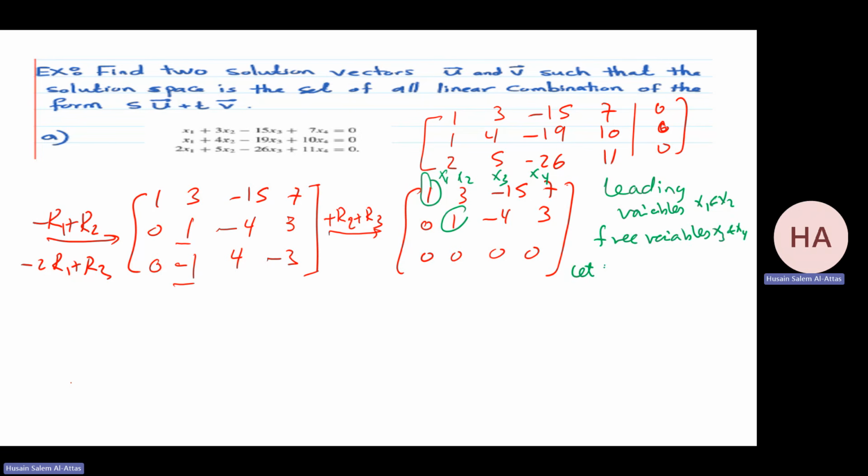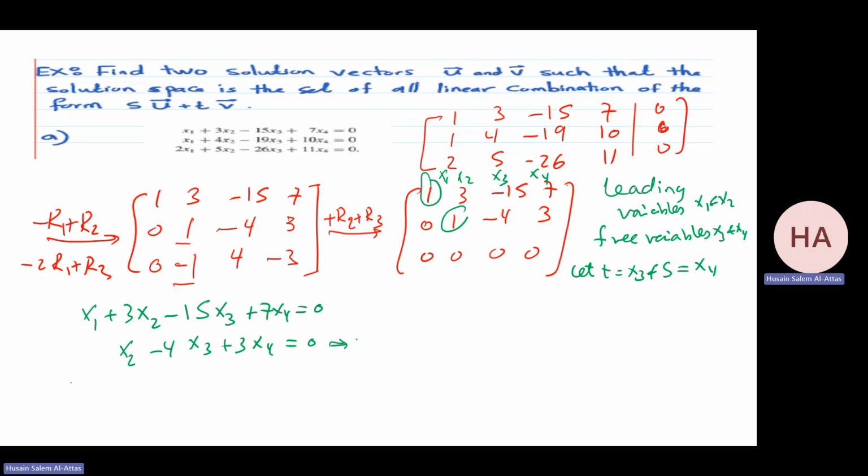So I call x3 t and x4 s. And I write x1 and x2 in terms of t and s, or in terms of x3 and x4. So I have the equations: x1 plus 3x2 minus 15x3 plus 7x4 is equal to 0. This is the first equation. Second equation, x2 minus 4x3 plus 3x4 is equal to 0.